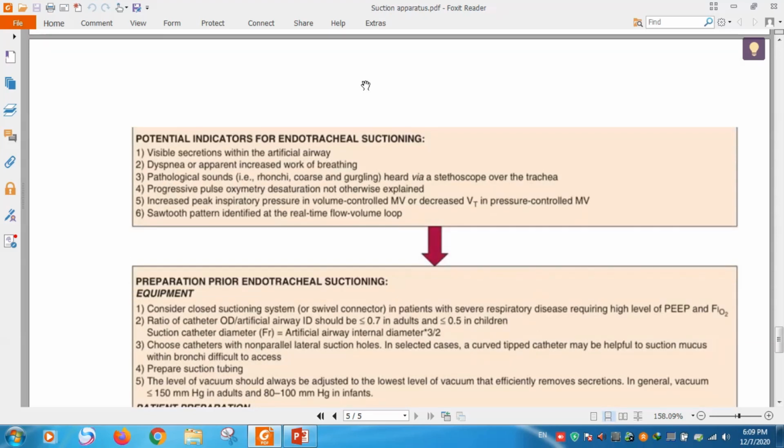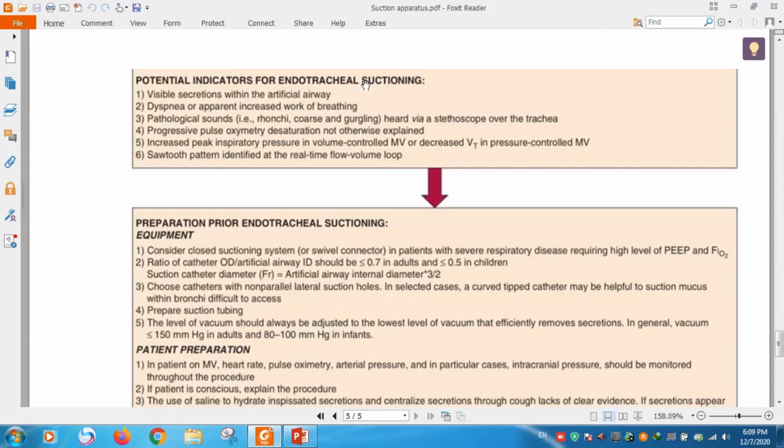Patient indicators for endotracheal suction: when can I suction the patient? Number one, visible secretion within the artificial airway. Number two, dyspnea or apparent increased work of breathing. Number three, pathological sounds like rhonchi, coarse, and gurgling, heard via stethoscope over the trachea.